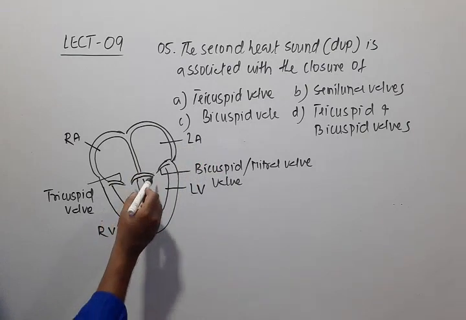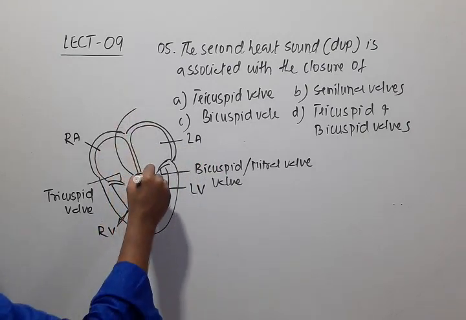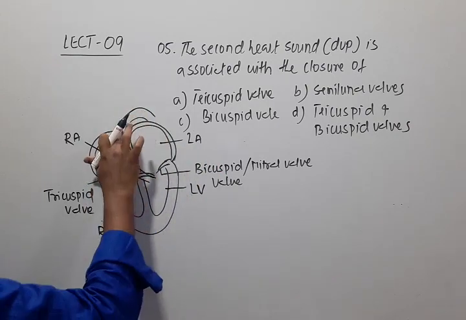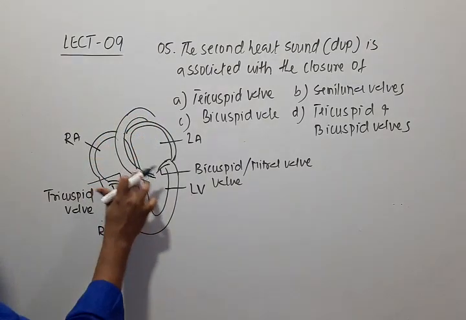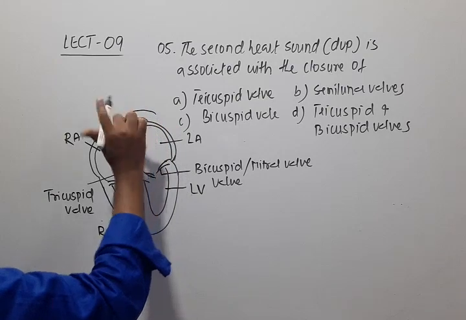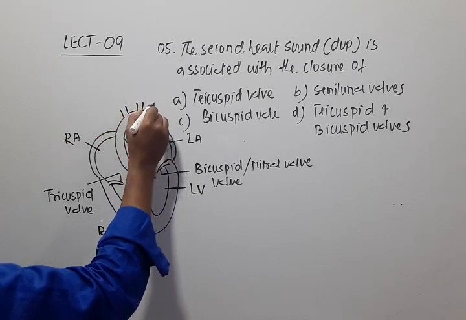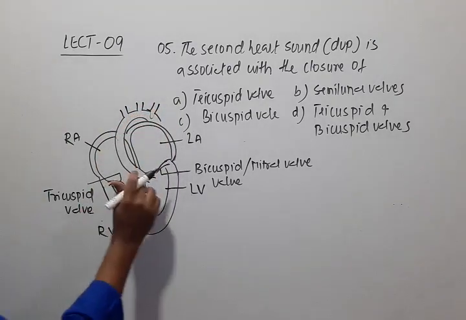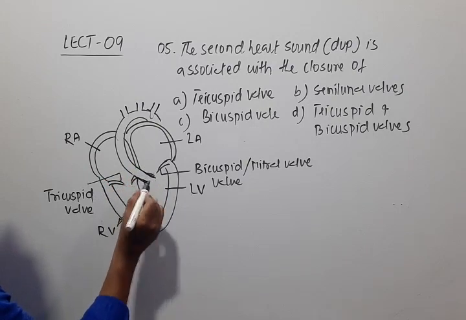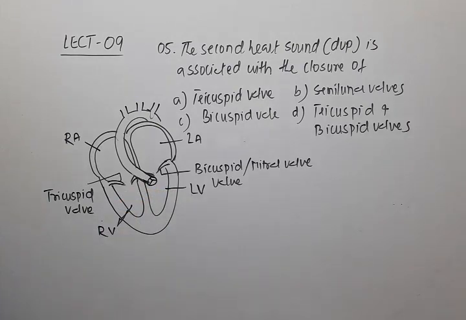Here, arising from the left ventricle, we have the dorsal aorta. The opening of this aorta from the left ventricle has semilunar valves.